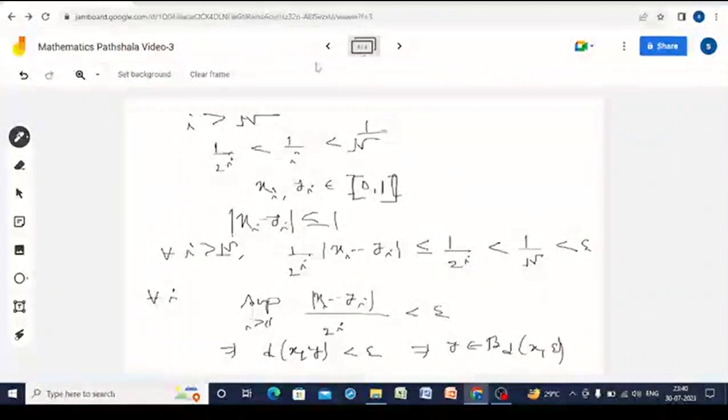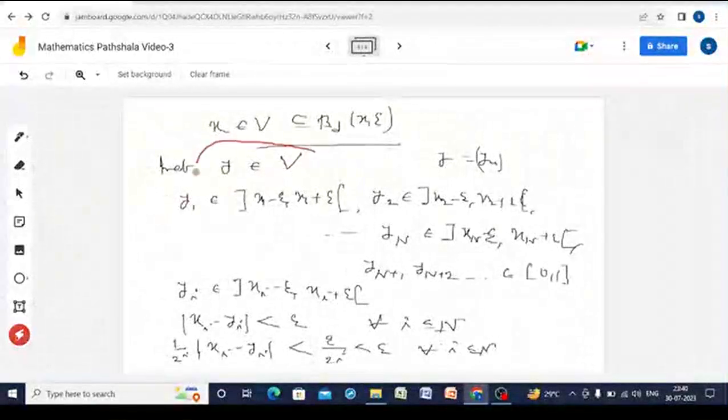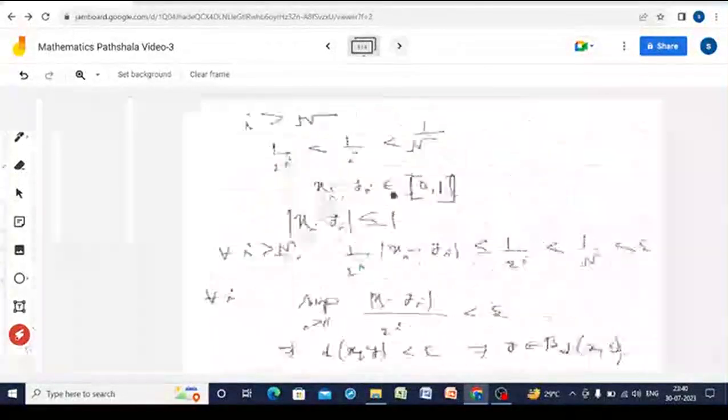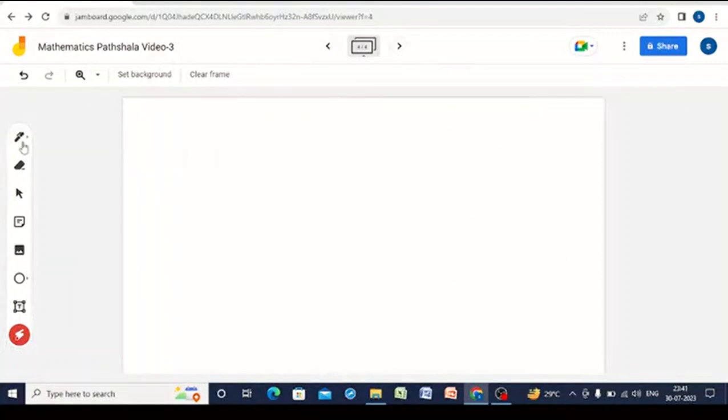So see again, we have taken any y belonging to V, and what we get is that this y belongs to B_d(x, epsilon), and also our x belongs to V. So merging this, we get x belongs to V, a subset of B_d(x, epsilon), and this we have taken as any basic open set B from our metric topology.